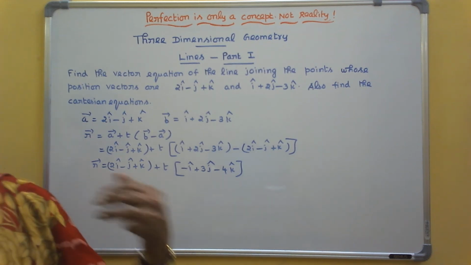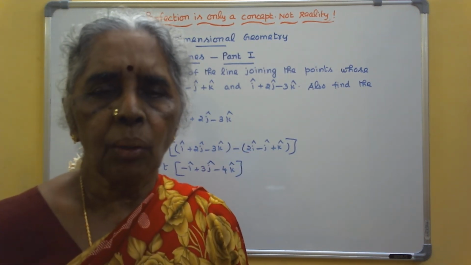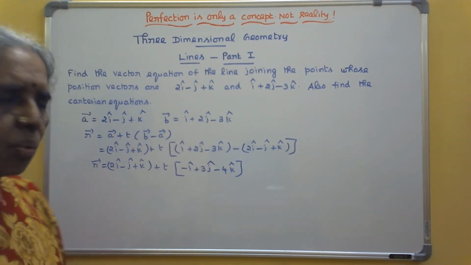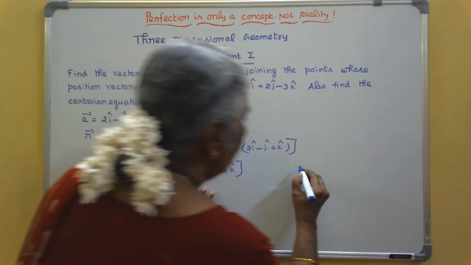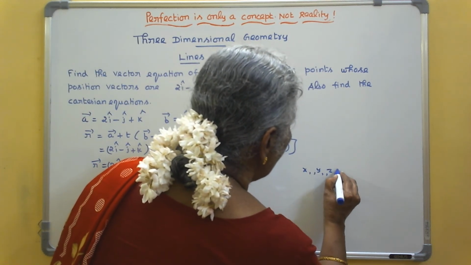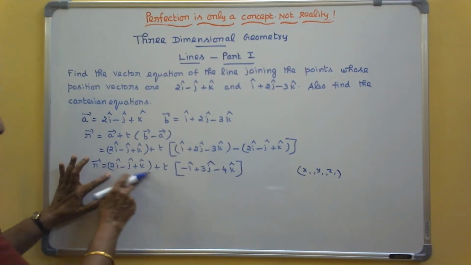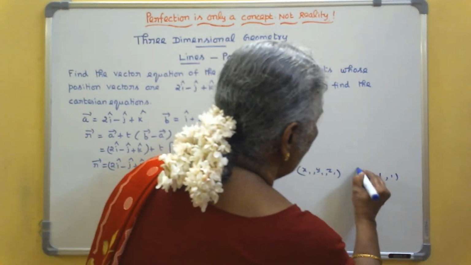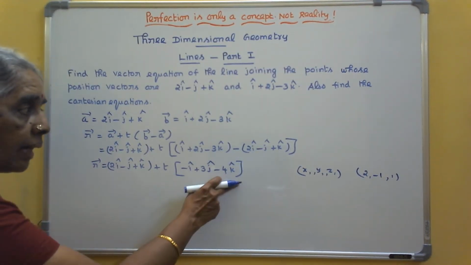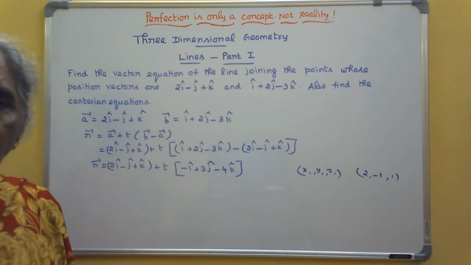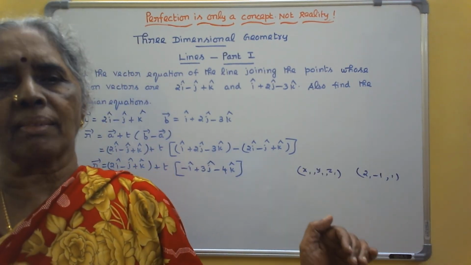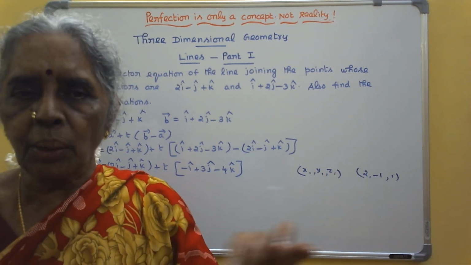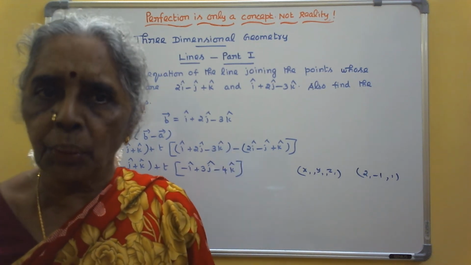Now to find the Cartesian, you need not again write each one like that. You know how to convert, isn't it? Because this is the a vector, you know your x1, y1, z1 will be 2 comma minus 1 comma 1, and this is nothing but b vector minus a vector. I told you that is like x2 minus x1, y2 minus y1, z2 minus z1. So the denominator, that is the direction ratios, you will get.